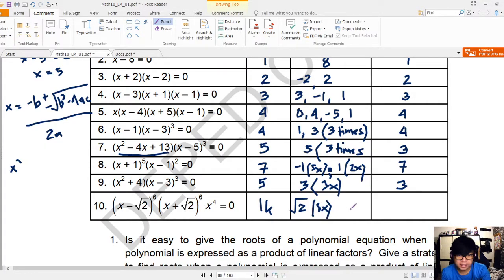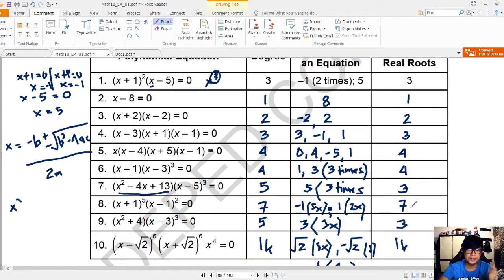Next one naman is negative square root of 2, tapos 6 times din siya nag-appear. Then, the last one is x is equal to 0. So, 0, 4 times siya nag-appear. So, walang imaginary here. So, there are 16 real roots. So, yun na siya.